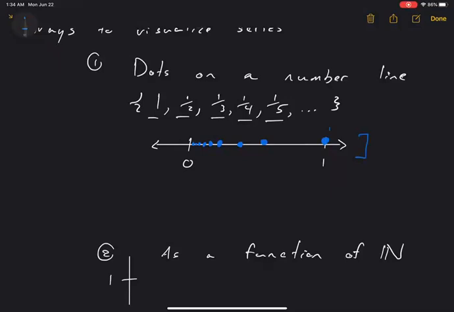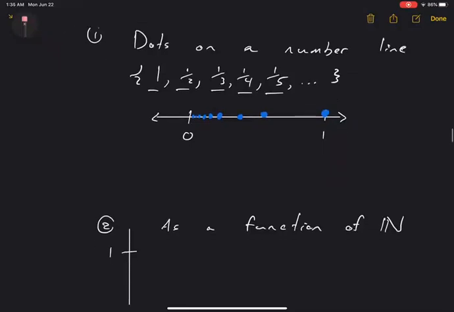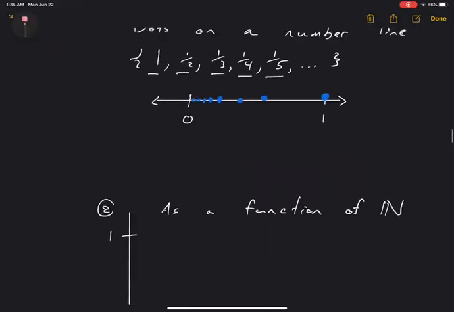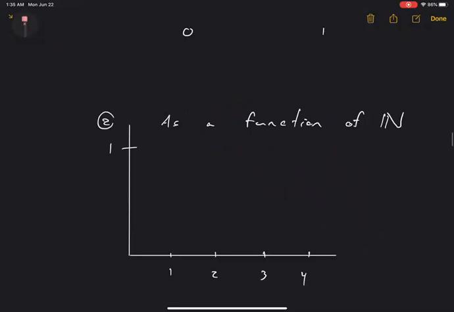I'm starting at 1, and then I'm getting closer and closer to 0, and they're getting closer and closer together. That's an important insight we're getting from this number line. We could also graph these as a function, and you might be asking, what's this n here? Well, this bold n stands for the natural numbers, which are our positive integers.